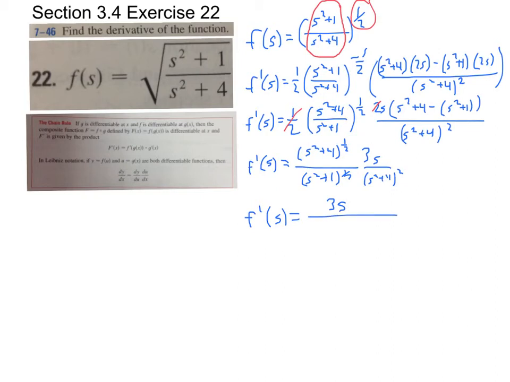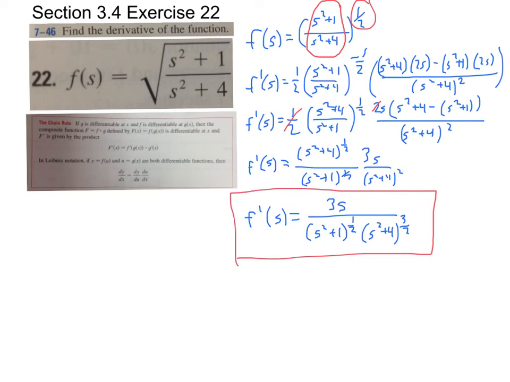And then on the bottom, I do still have s squared plus 1 to the 1/2 power. And then again, when I simplified the other part there, I get s squared plus 4, and the 2 minus the 1/2 is 3/2. So there's how we do number 22 using the chain rule.